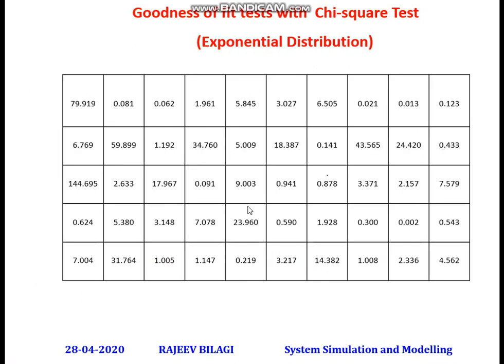Assume these are a set of random numbers with n equal to 50, and they are exponentially distributed. These are not random integers between 0 and 1; if you look at 79.919, it is not between 0 and 1.